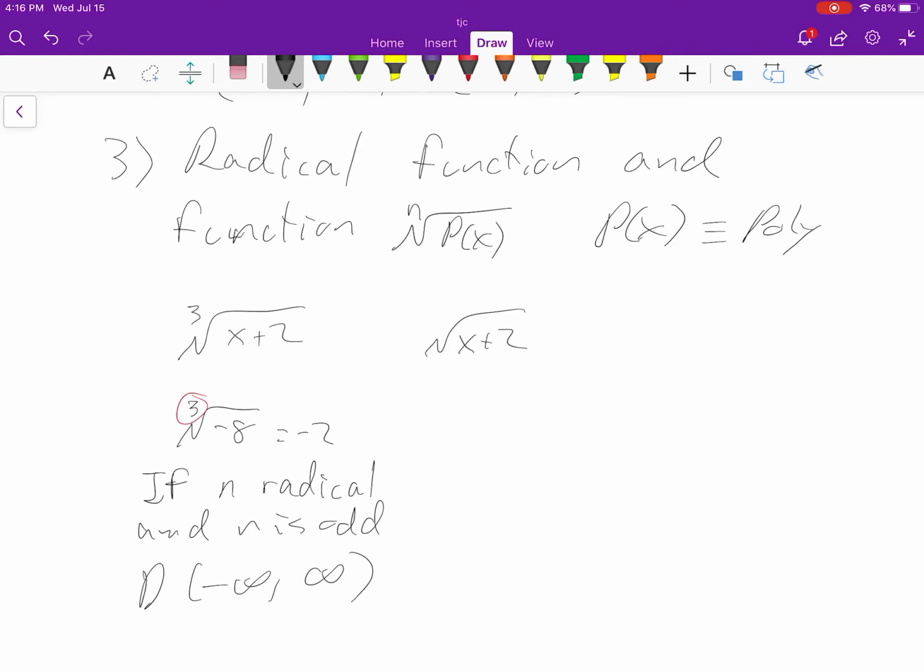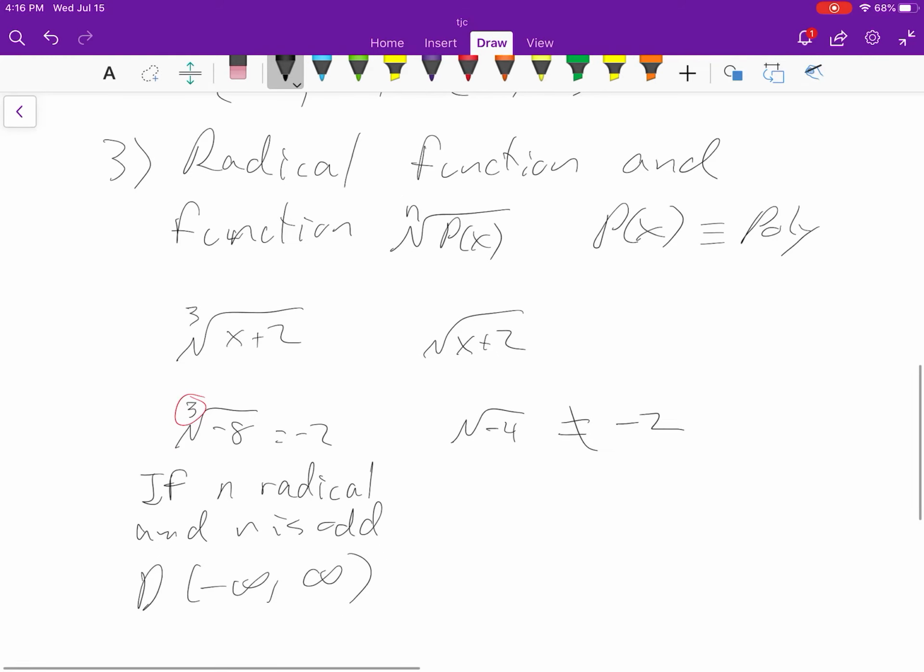However, in the next example over here, we can't have negatives inside because the square root of -4 does not equal -2. Because the square root by definition is the value such that when multiplied by itself it equals -4. And there's no number that when multiplied by itself equals -4.